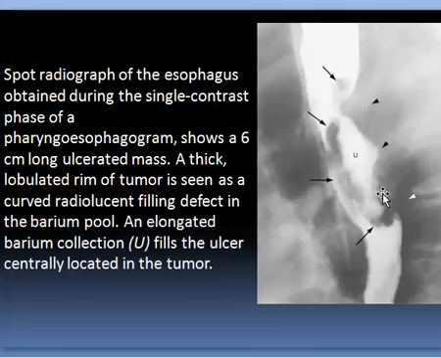Thick lobulated rim of the tumor is seen as a curved radiolucent film defect in the barium and an elongated barium collection. This one denoting ulceration.